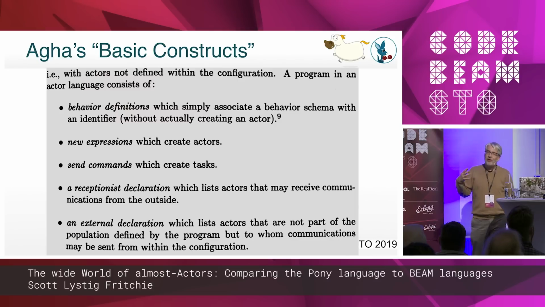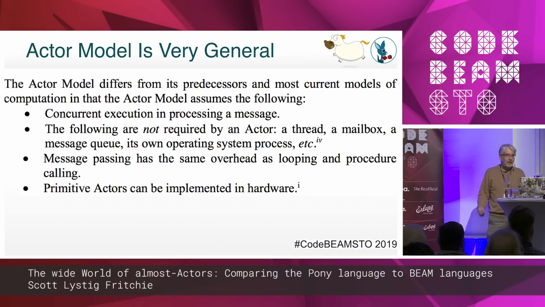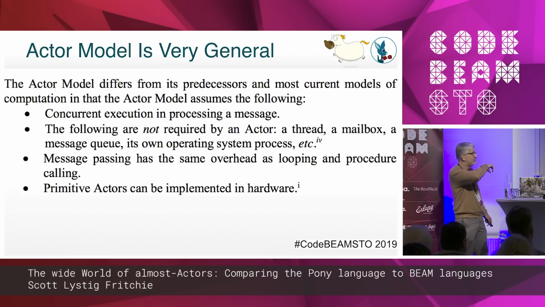The authors were trying to be very intentional about saying that this actor model is a very general notion for computation, and the intent was to describe all possible computation in the same way that Turing machines or lambda calculus are universal. The bit here I've excerpted from one of Carl Hewitt's papers from 2010 or 2015.